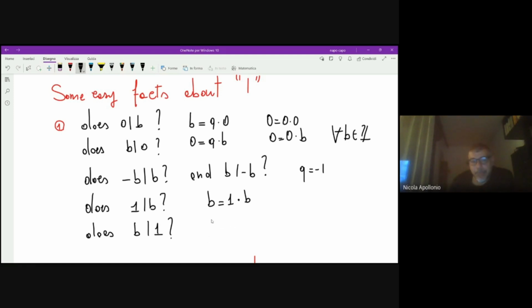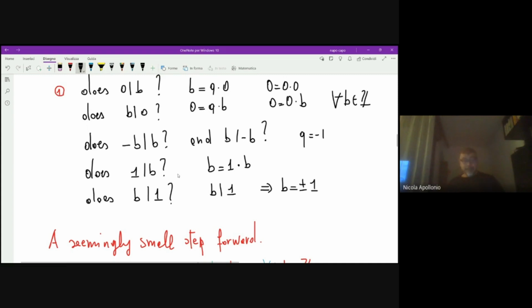What happens when B divides 1? Then B is necessarily plus or minus 1. There are no other possibilities. I invite you to check this, which is a trivial but important fact.